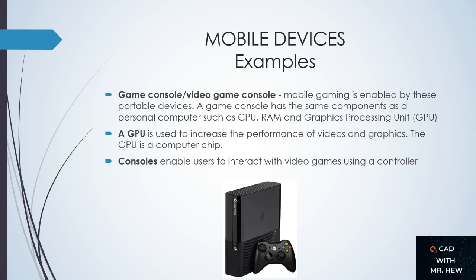A GPU, which is a graphics processing unit, is used to increase the performance of videos and graphics. The GPU is a computer chip. Consoles enable users to interact with videos using a controller.